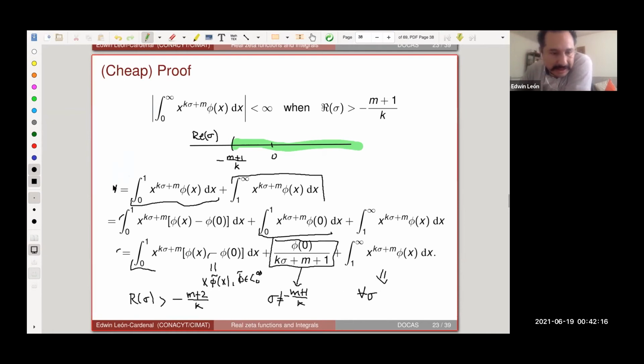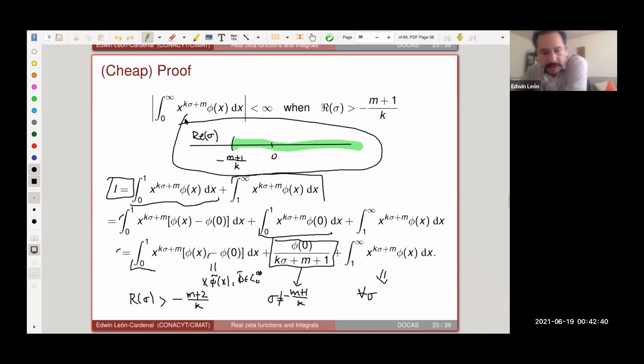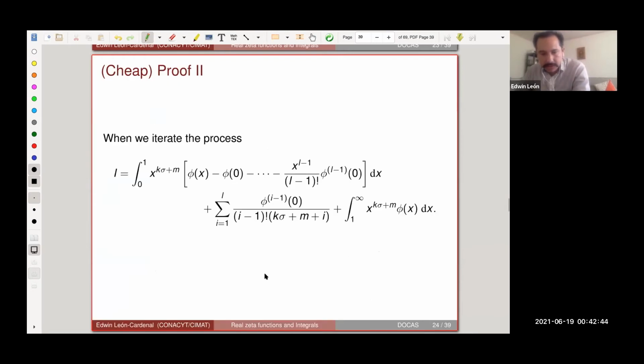But this is an equality. So this function that was originally defined in this set is now defined in a bigger set.